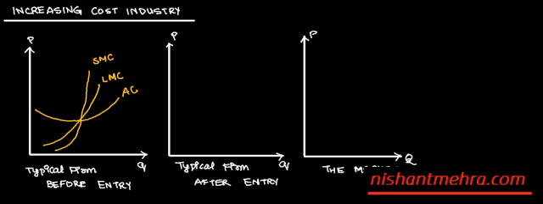So the equilibrium price is going to be here, at this. Clear?